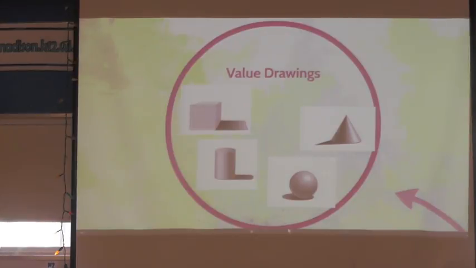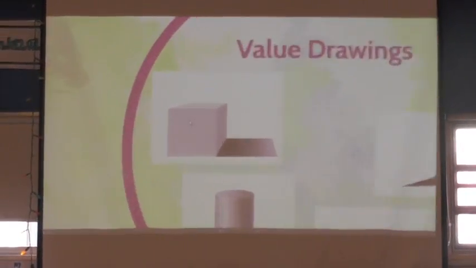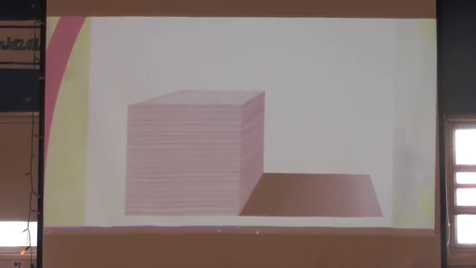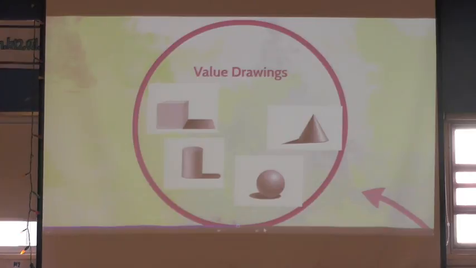We'll also go into value, showing how adding value can give shapes volume. So we will use texture and shading to show shape in a cube, a cylinder, a cone, and a sphere.